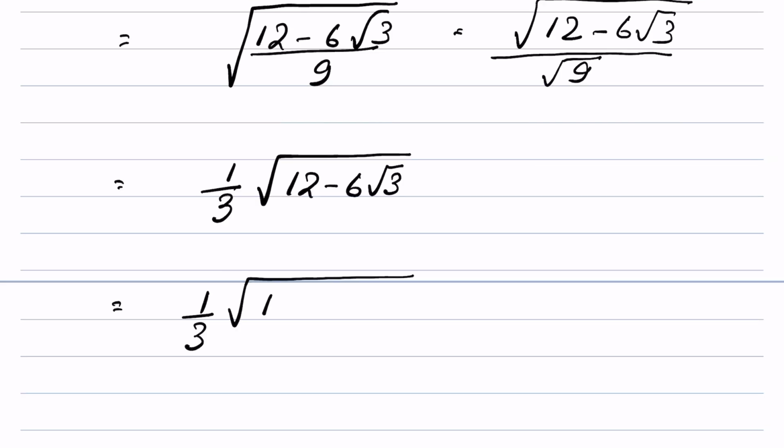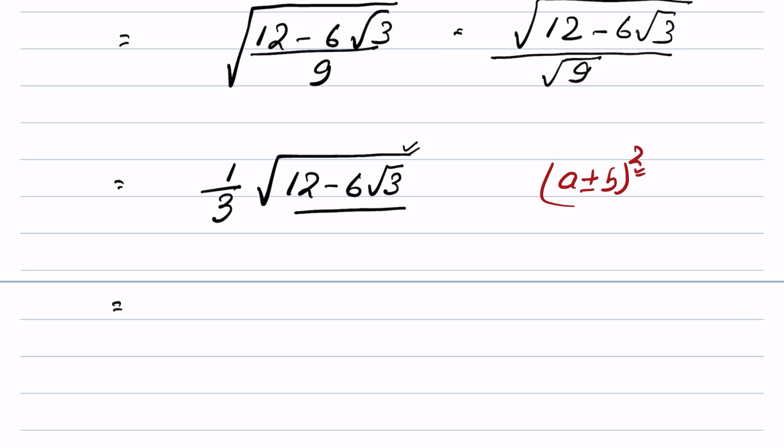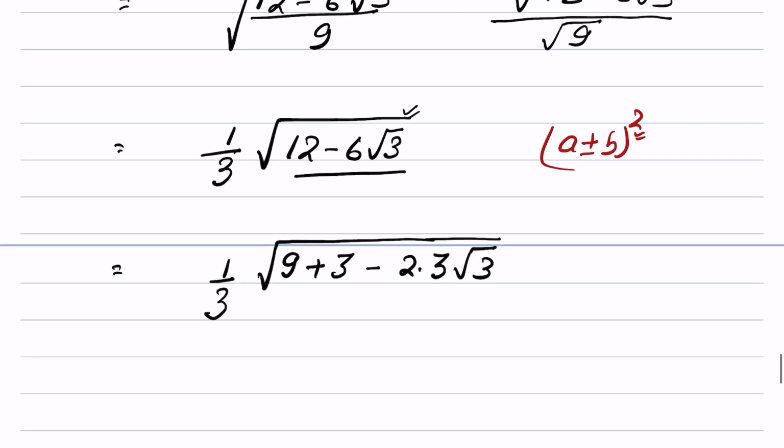Now to further simplify it, we need to remove this square root. If we can write this term in terms of a plus minus b whole square, then this whole square can remove the square root. So 1 upon 3, then times 12, we can write 9 plus 3 minus 6, we can write 2 times 3, then times square root of 3 under square root.